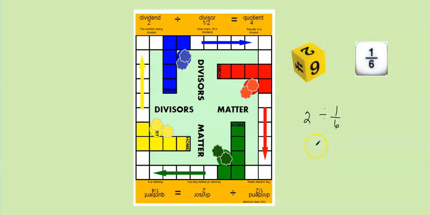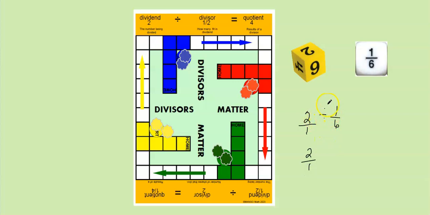Now when we're doing division, or when we're dealing with fractions also, 2 is always going to be over 1. It's always the fraction of 2 over 1. The whole number, whatever the whole number, it's always going to be over 1. So when we do a fractional division problem, we're going to keep the first fraction as is.